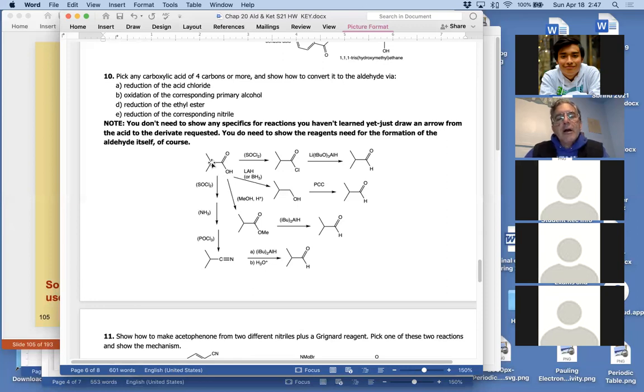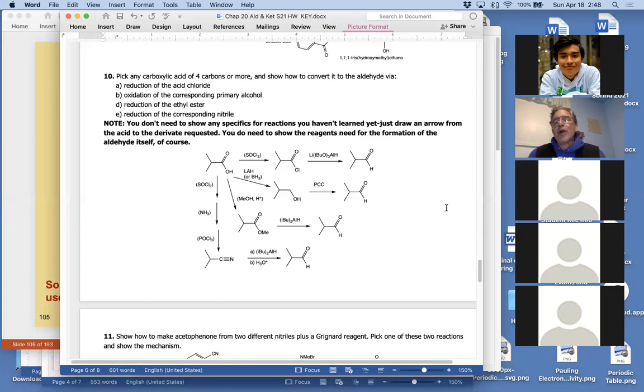Just a little comment here. It may not be obvious. Most students would ignore it, and I don't mind if you ignore it. But if you reduce a carboxylic acid with LAH, in theory, you get the alcohol. In practice, you often get a mess, because in the process of the first reduction, or even before that, you get all sorts of insoluble material.